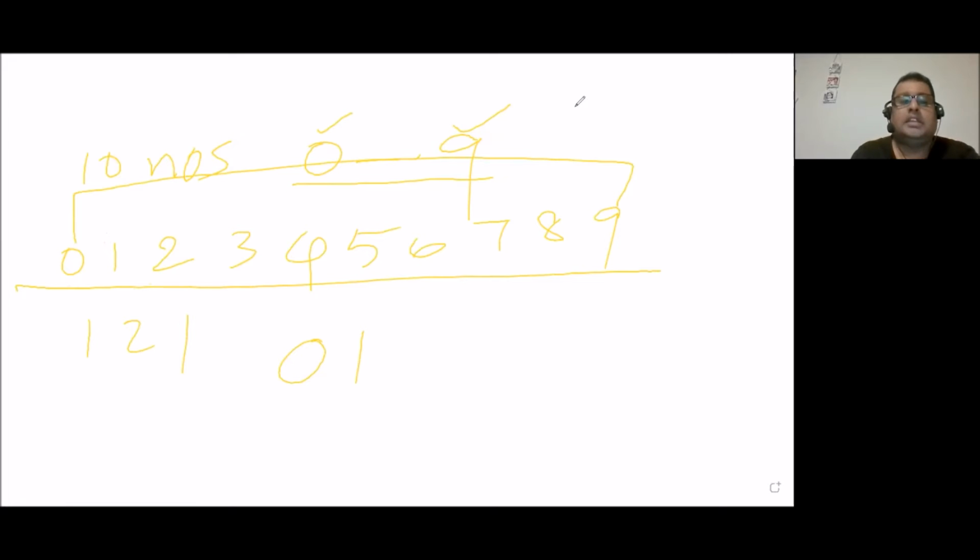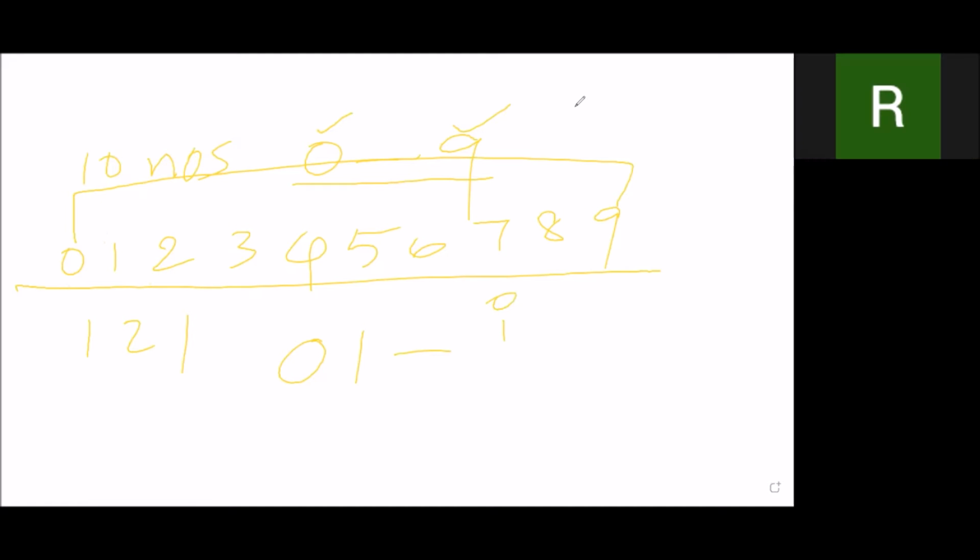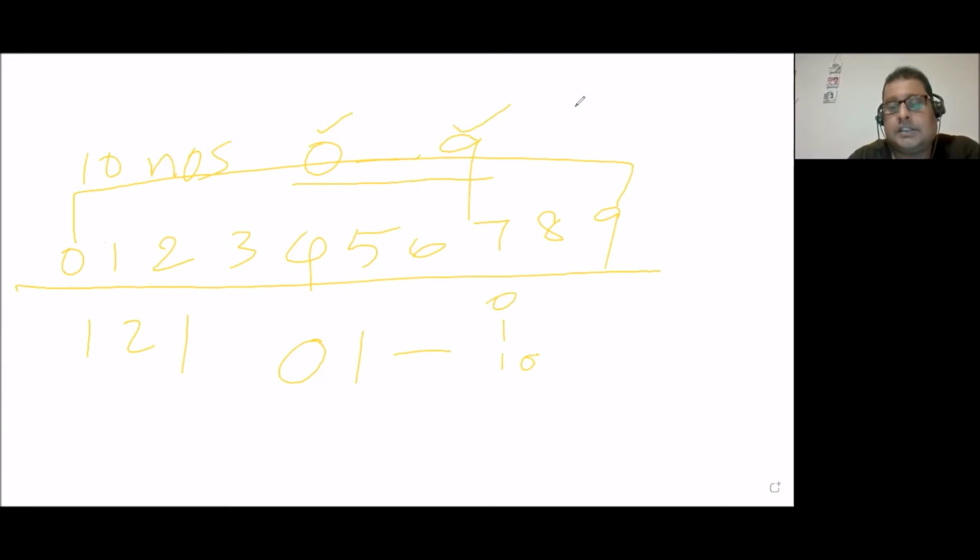So what will happen? If you have to write the number 2, you have to go 1 0. What is 3? 1 1. Correct?